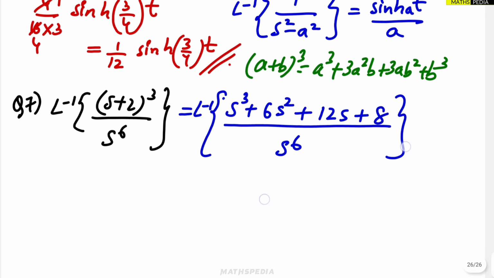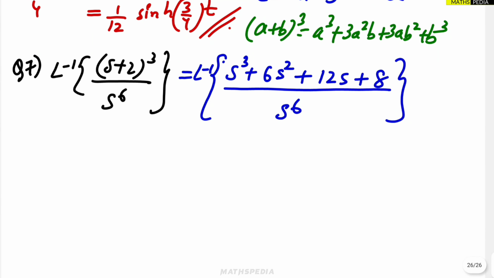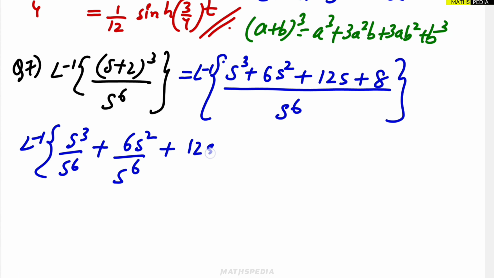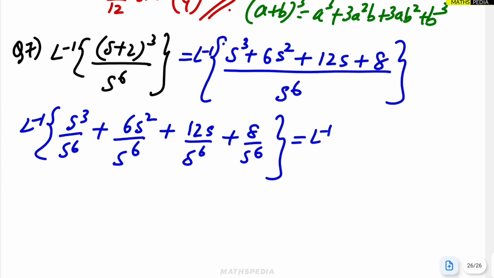Now we can see that this can be split up, right? So the factors will become this, you can split up, so I'll do it individually. What will happen? s cube by s power 6: 3 and 3 will go, remaining is 3. Here 2 and 2 will go, remaining is 4.